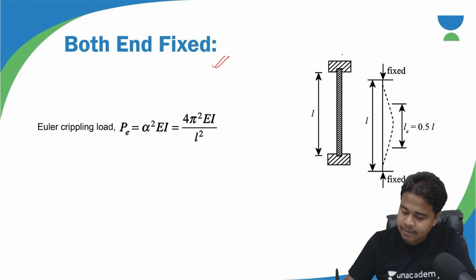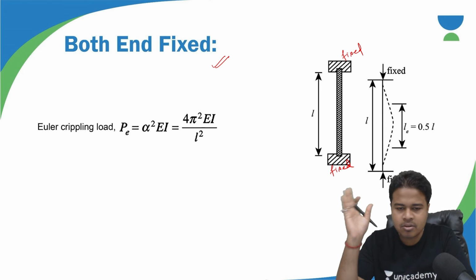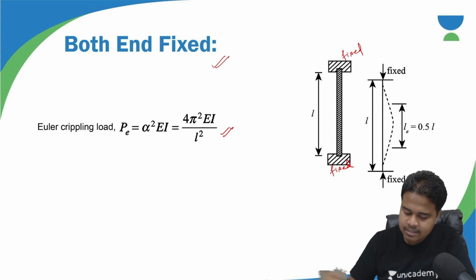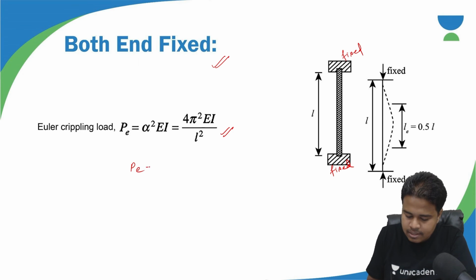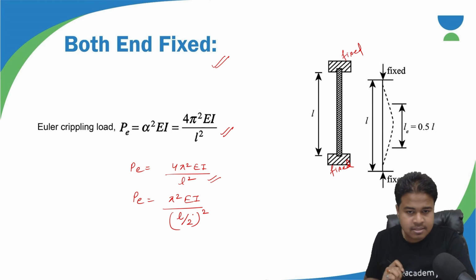Now both ends fixed. If both ends are fixed, here also fixed, here also fixed, then again the same concept you will apply. You will get this P Euler is equal to 4 pi square EI divided by L square. So if I write P Euler is equal to pi square EI divided by L by 2 whole square, I can write it like this.